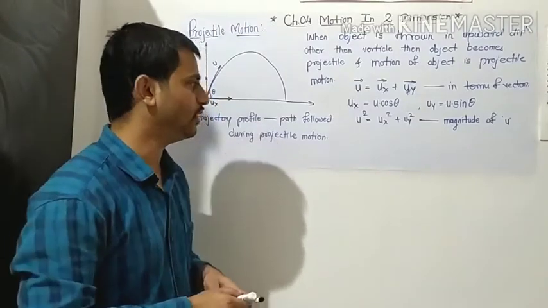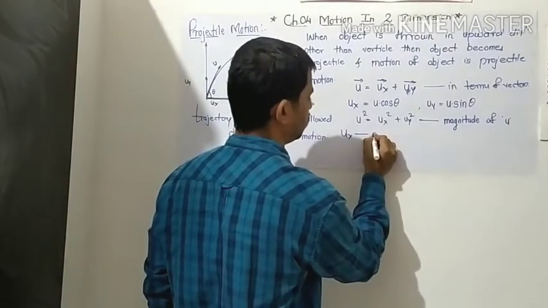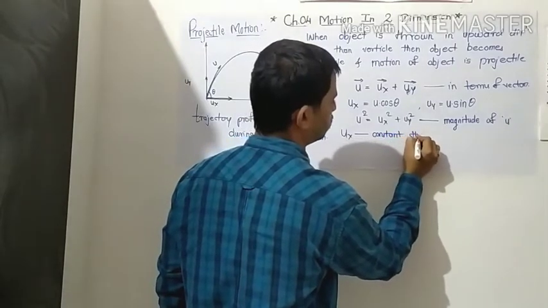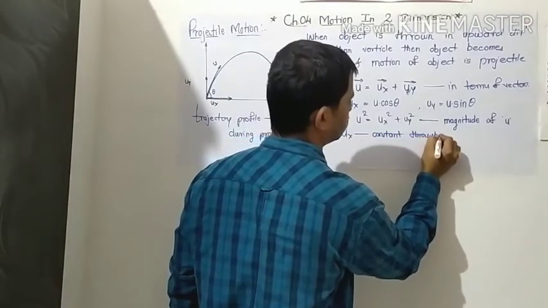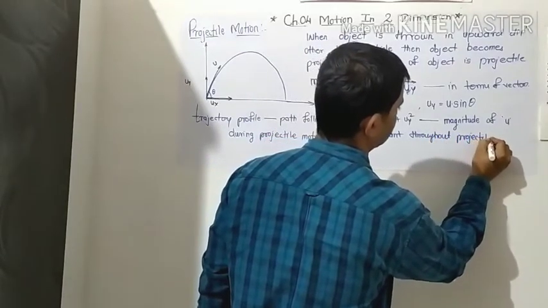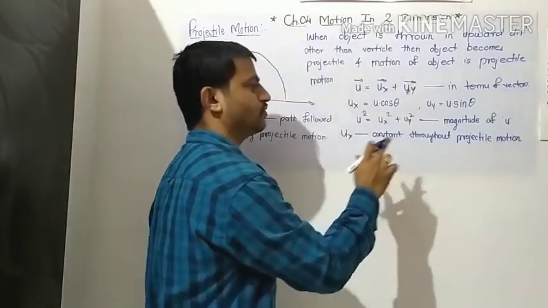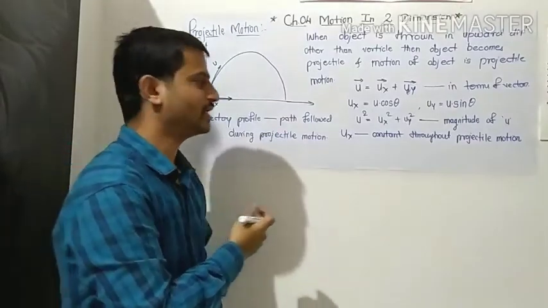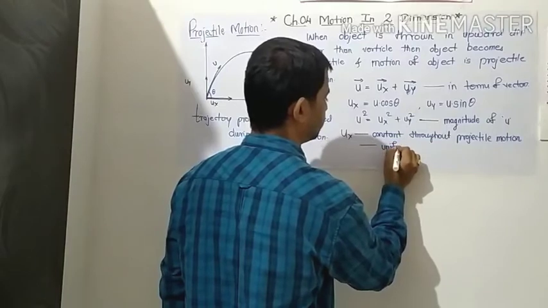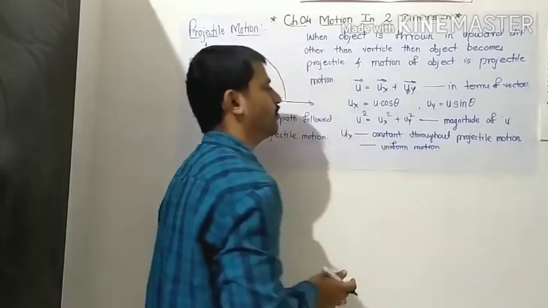So we can say that ux is constant throughout the projectile, or we can say that it has uniform motion.